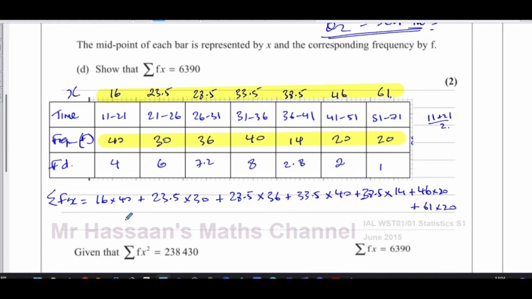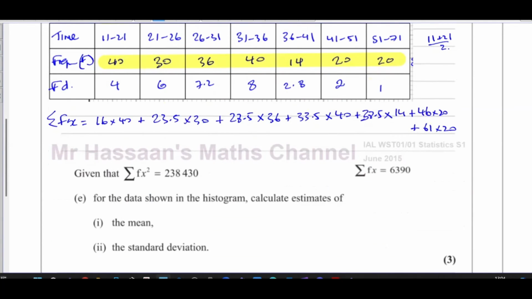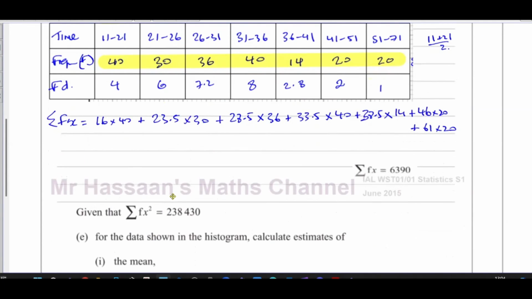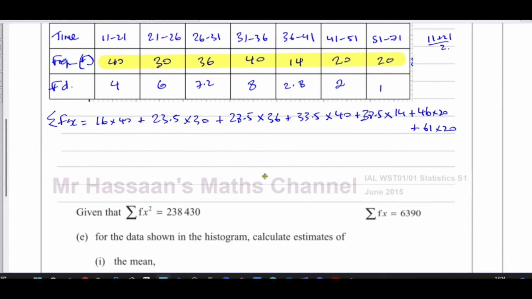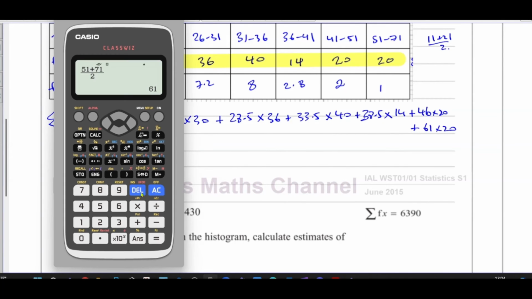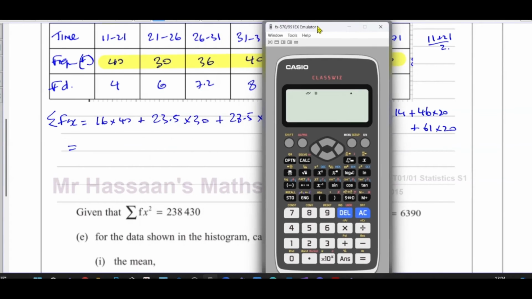And that will give us the sum of fx. Let me just make a bit more space here. Let's calculate it. It's a bit of a number crunching kind of question here.